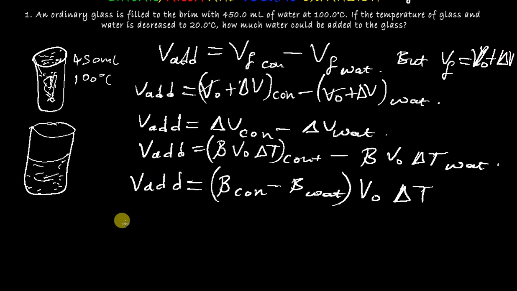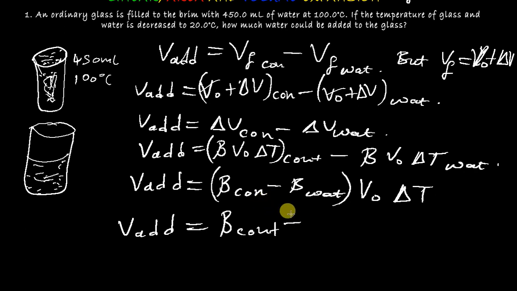So what have we been given according to the question? The beta of the container, you get it from the table. If you're writing an exam, they'll give you this on the second page of the question paper. I'm sure you're asking yourselves which table.